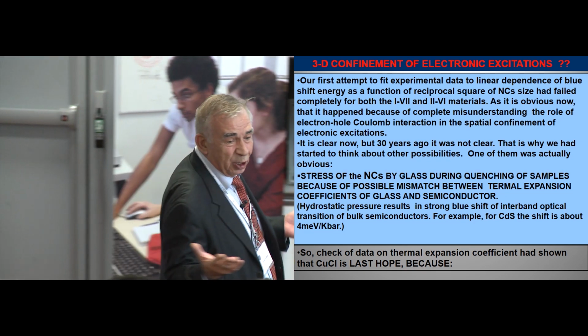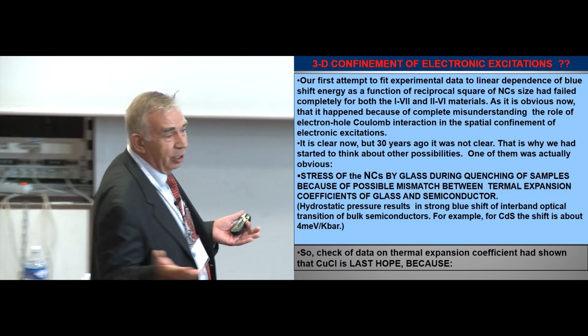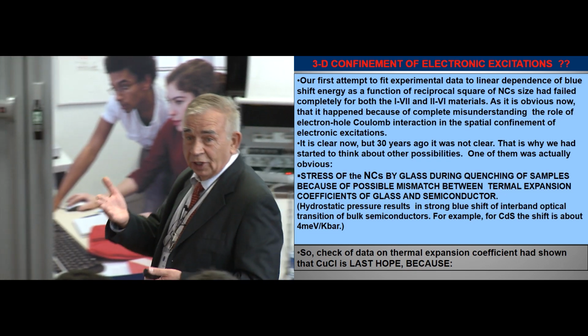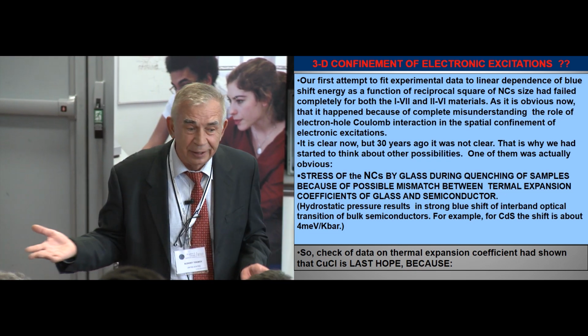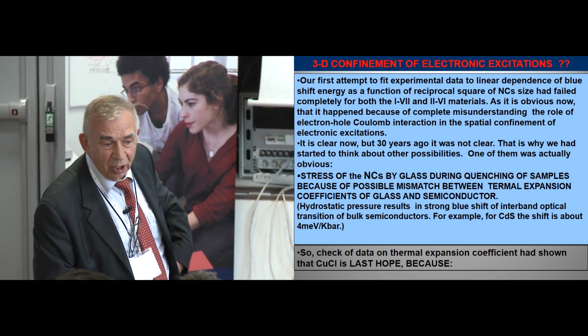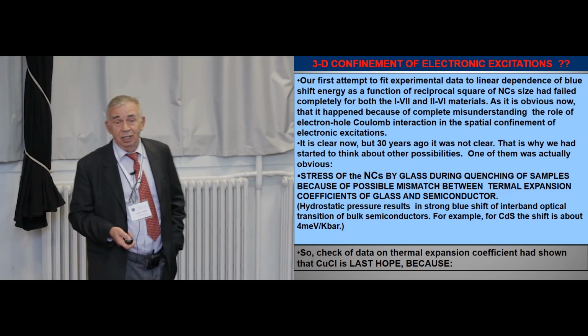It's not surprising, because at the end of the 70s, the quantum well technology was so developed that I think a Nobel Prize was given for it at that time. So it was not a big deal to say, okay, it must be the quantum confinement. Nevertheless, we succeeded to fail completely.